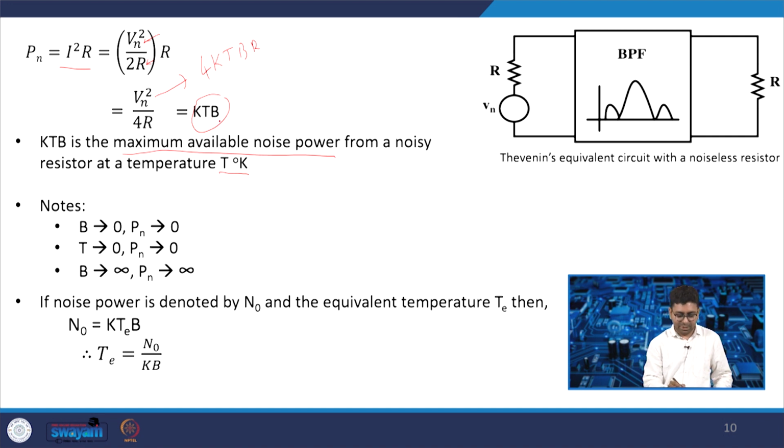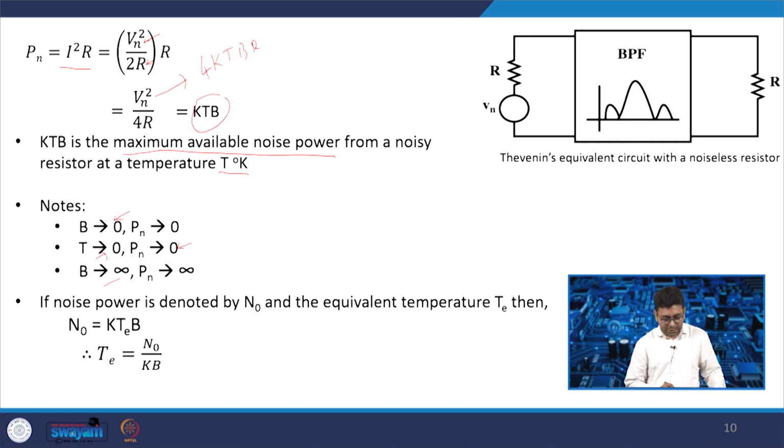If the bandwidth of the system is 0, the output power is 0. If the temperature is 0, the output power is 0. If the bandwidth is infinity, the output power is infinity.